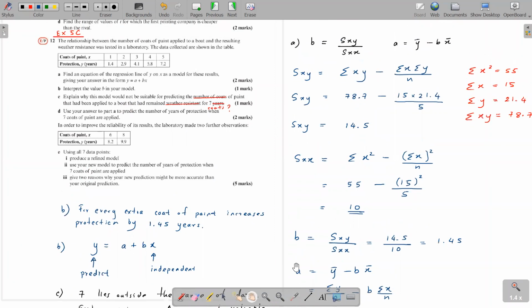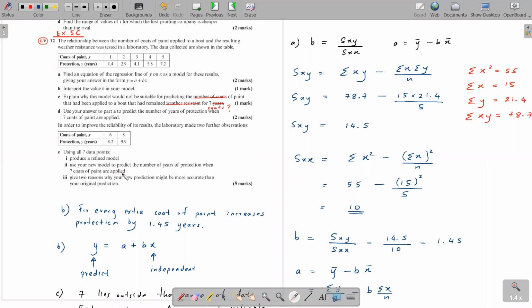The thing is, when you were working in part C, you only had 5 data points, up to 5 coats of protection. So you predicted the years of protection for 7 coats when it was outside the data range. That's why we said that the answer we got in part C is not reliable, because we were doing extrapolation.